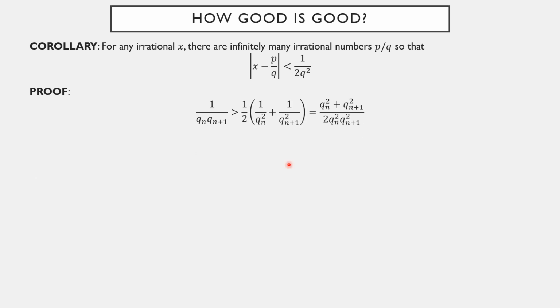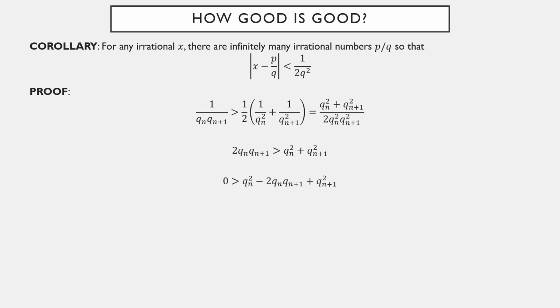Okay, so if it fails for two consecutive convergents, we'll end up with 1 over Qn times Qn plus 1 is bigger than this, which once we give it a common denominator works out to this fraction right here. But now we can cancel a Qn and a Qn plus 1 out of both sides. And we end up with 2 times Qn plus 1 is bigger than Qn squared plus Qn plus 1 squared.